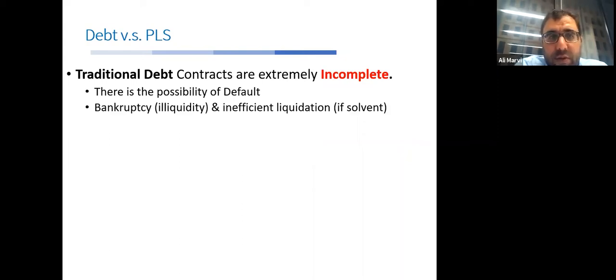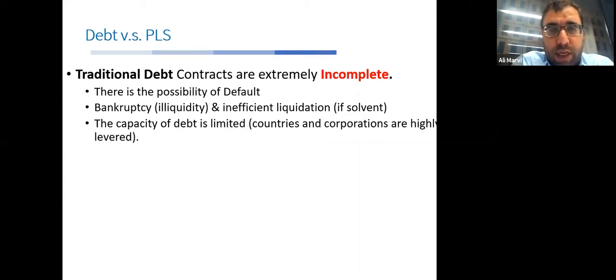And we know that bankruptcy and inefficient liquidation actually are really possible there. And for these reasons, the capacity of debt is limited.